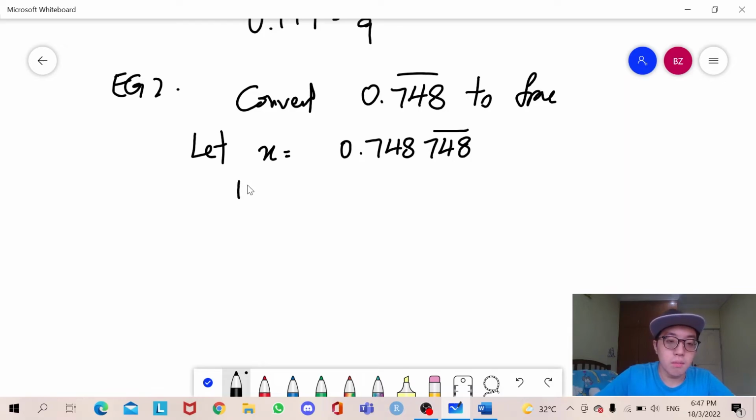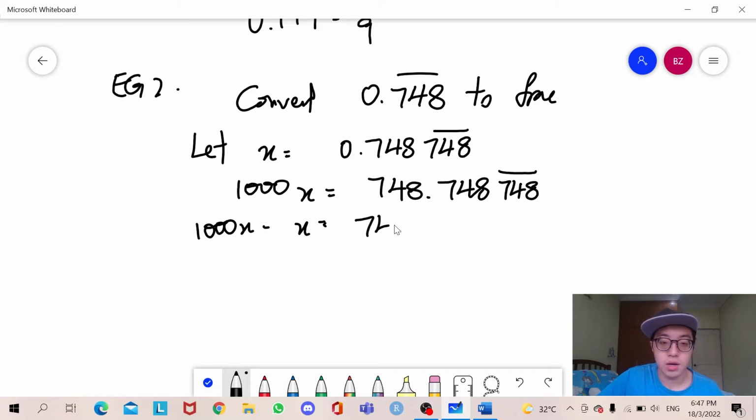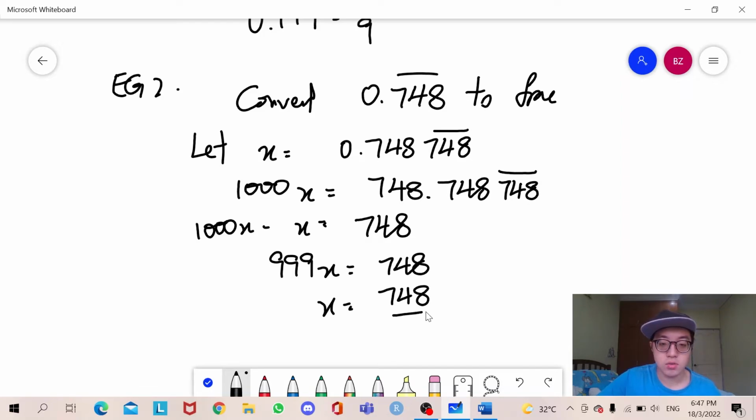So we will get 1000x instead to be 748.748748 bar. All right, makes sense? Okay, so step 2, we will minus 2 of them. 1000x minus x is equals to 748, and therefore you get 999x is equals to 748, and at last x is equals to 748 over 999.